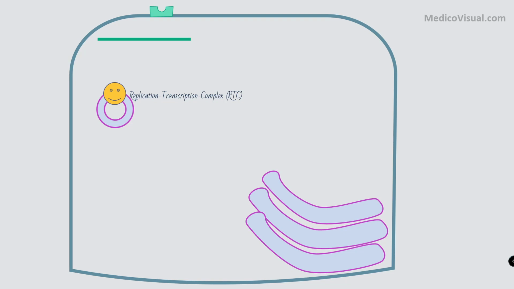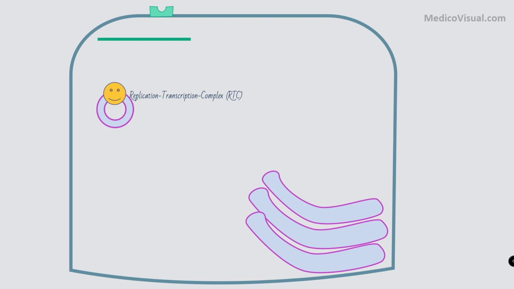The function of the RTC is that inside its lumen it is believed that replication as well as transcription occur. So replication and transcription of the coronavirus genome occur inside these DMVs.